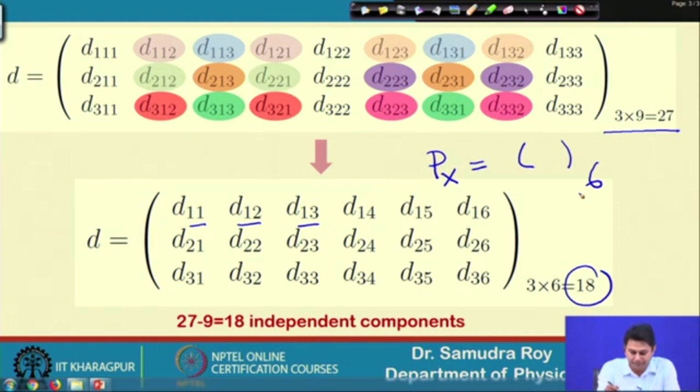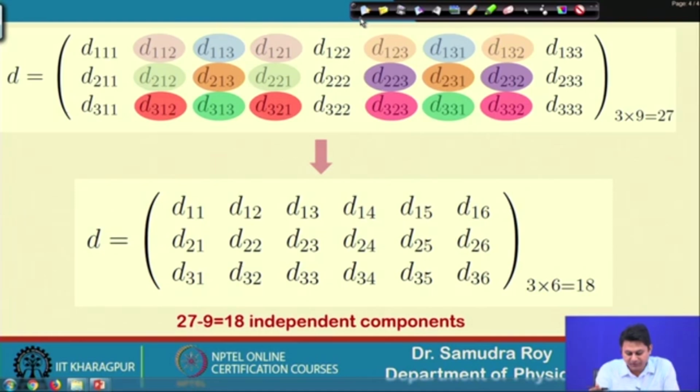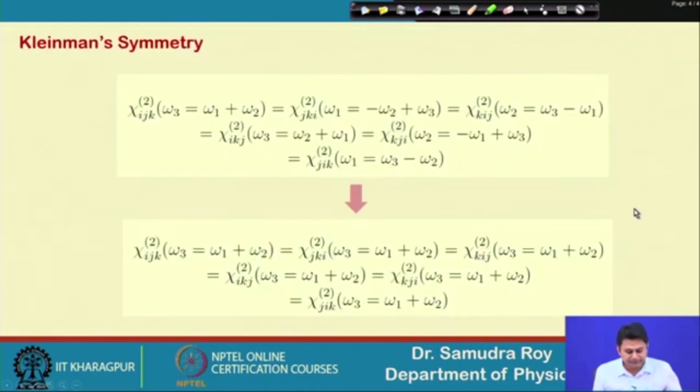Well, after having the reduction of this D matrix, the next thing is to apply the Kleinman's symmetry. Kleinman's symmetry is nothing but the condition where we assume that the susceptibility is not a function of frequency.